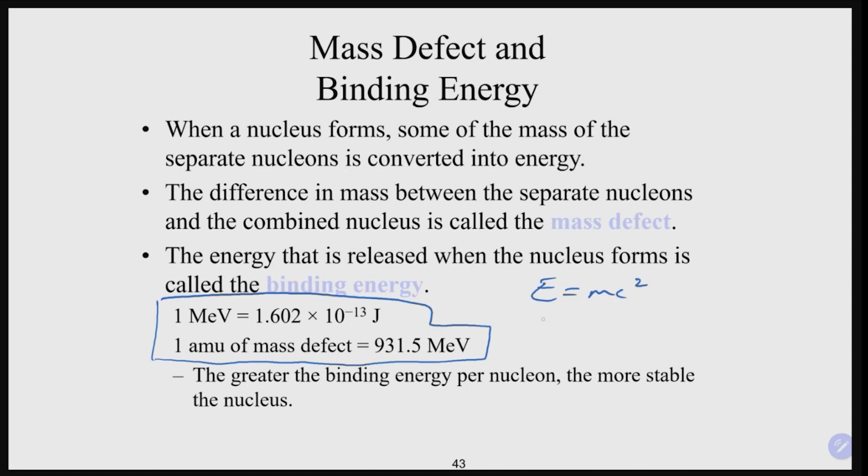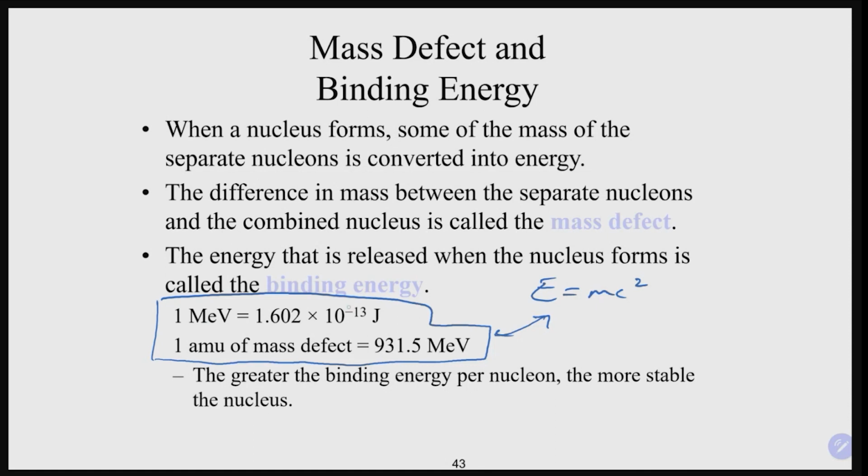You could use the conversions, or you could use the Einstein equation. 1 mega electron volt is equal to 1.602 times 10 to the minus 13 joules, and that is your conversion between two very common units of binding energy. So binding energy a lot of times is given in mega electron volts, or in joules, and those are two very common units that are used.